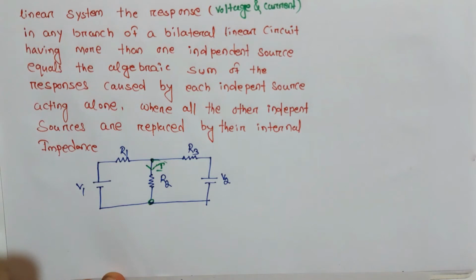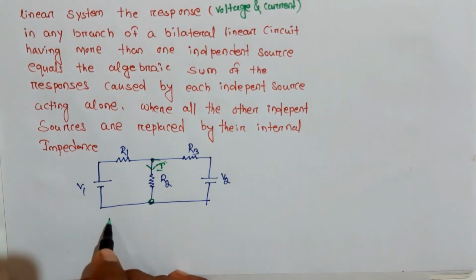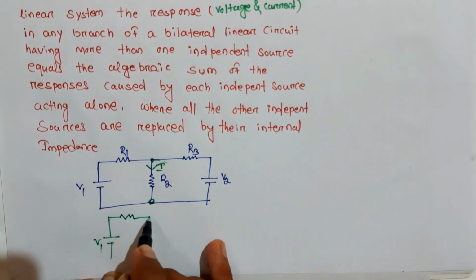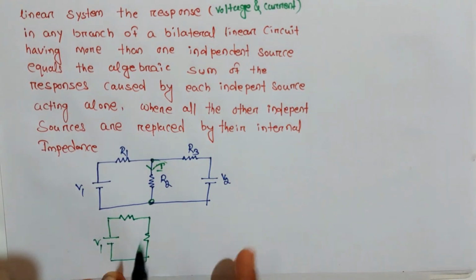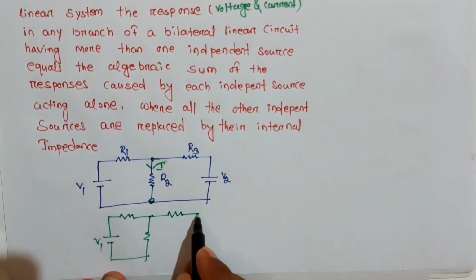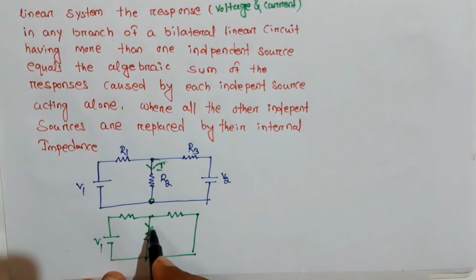Let's take an example. Here we say that if we connect only V1, and we take V2 as deactivated, let this be I1.